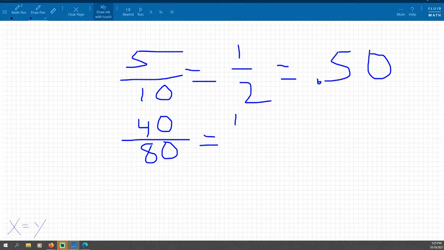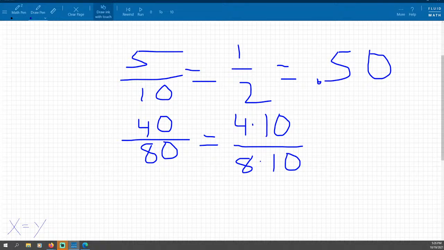So you could rewrite this as 4 times 10 over 8 times 10. So 10 would be a common factor in there.